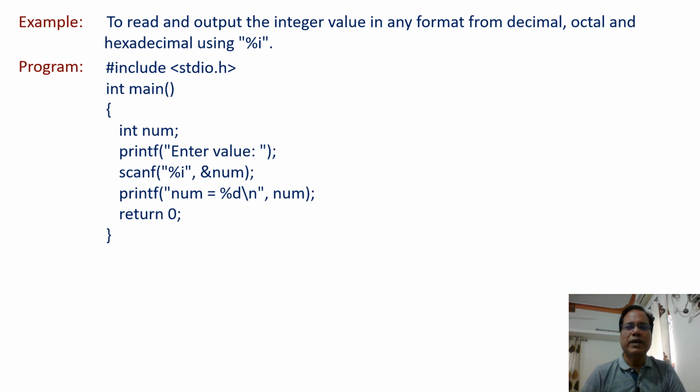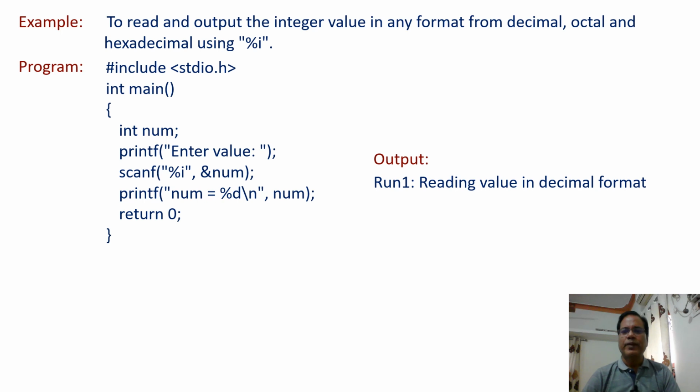So we have again a simple example, and using this example we will try to understand how to get decimal integer data, octal integer data and hexadecimal integer data. When this program is run, suppose we run it the first time, reading the first value in decimal.